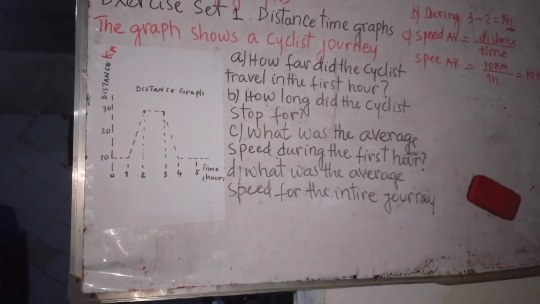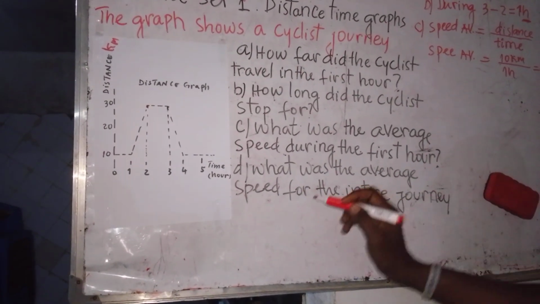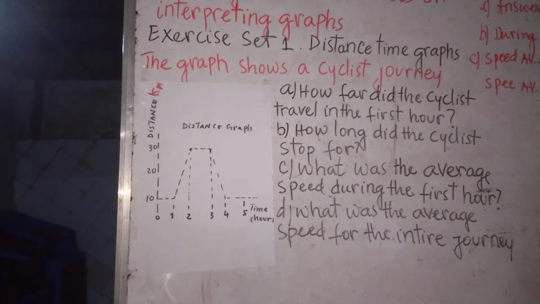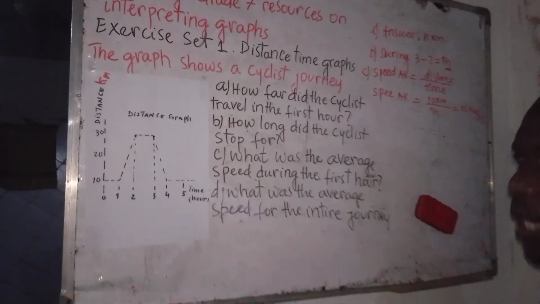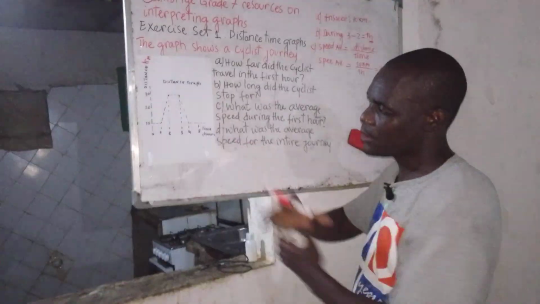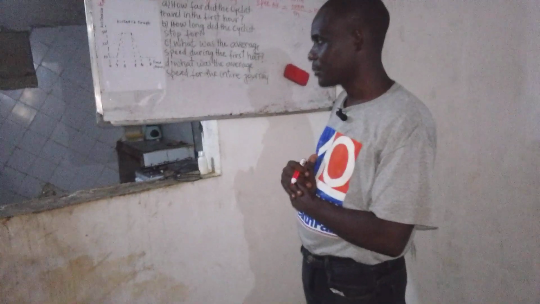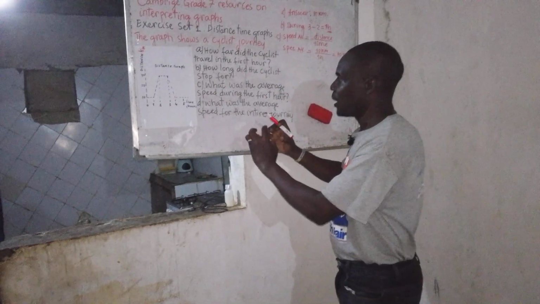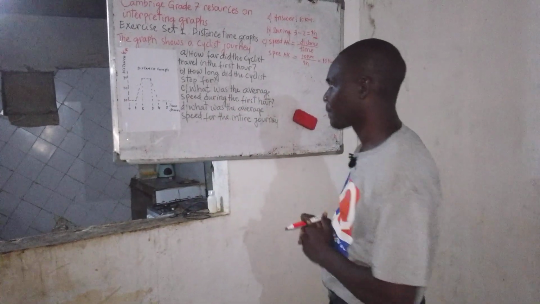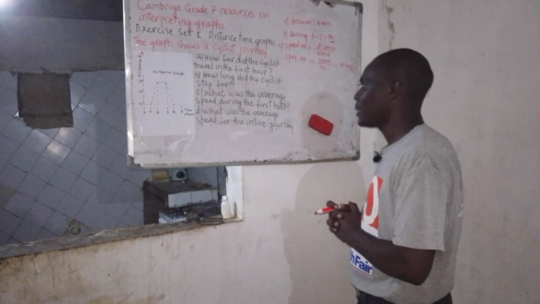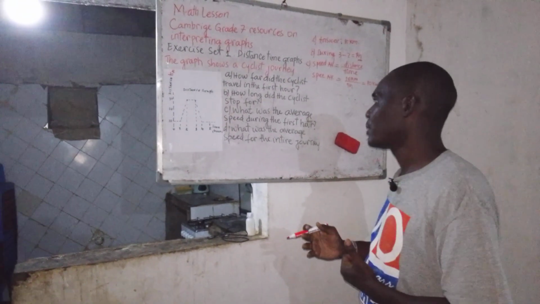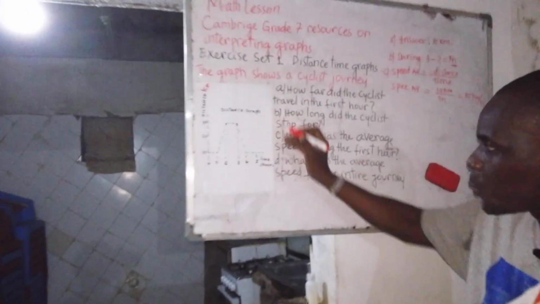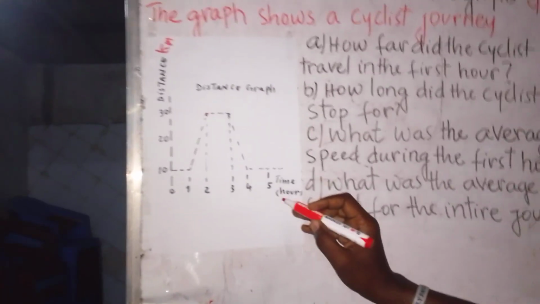Going to line D. What was the average speed for the entire journey? To find the answer, we have to do some calculations, observing the graph. What are we going to do? We have to calculate the total distance the cyclist covered from 0 hours up to 5 hours.